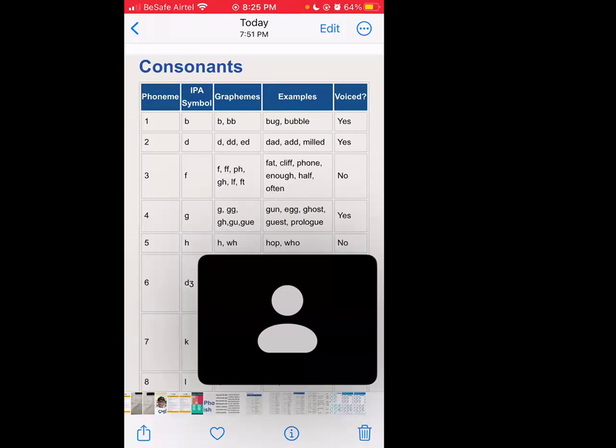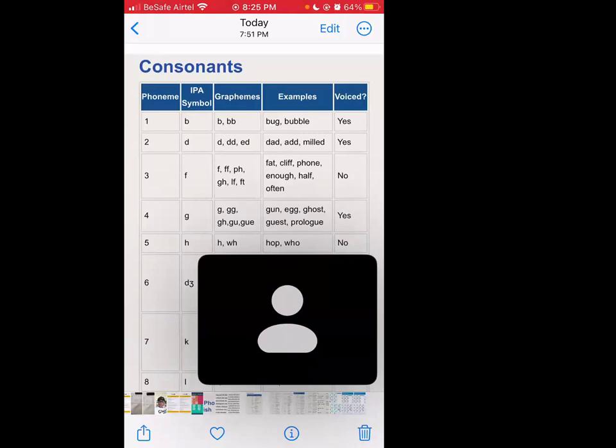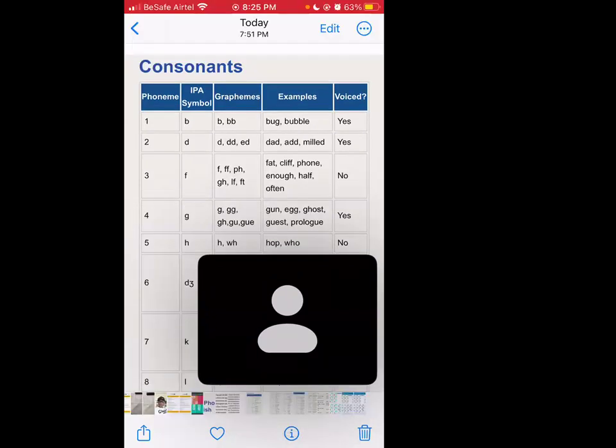Now, for number 3, if you place your hand on your throat, it is voiceless. For the F sound, you have F, FF, PH, GH, LF, and sometimes FT. Now take note: in words where you have F and T together, the T is silent.